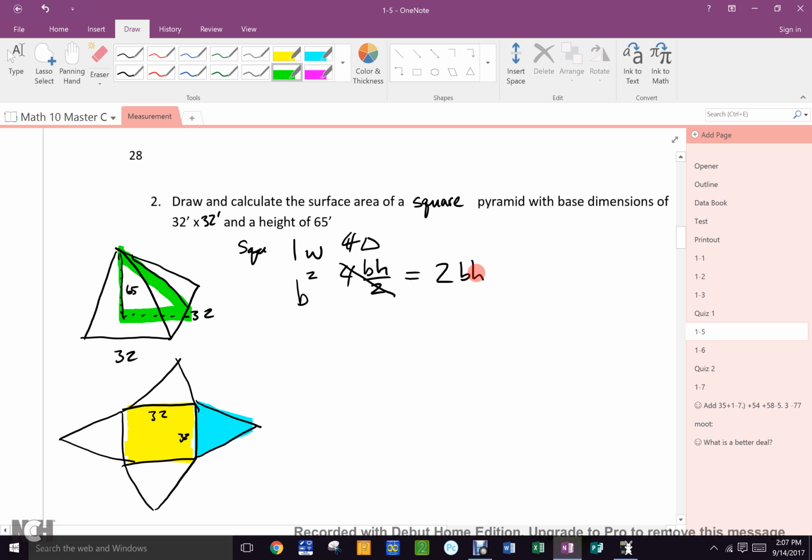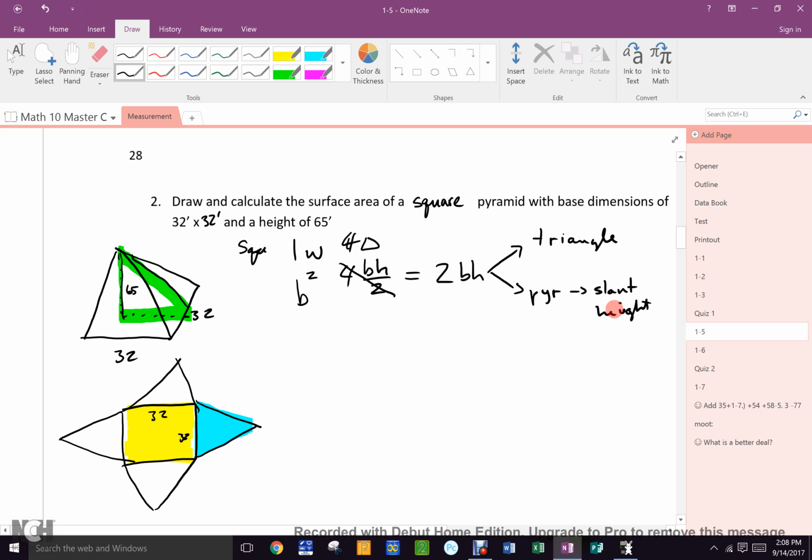So this H from our triangle formula is not the H in our pyramid formula, is it? In a pyramid, as Sam said, it's the slant height that I need. Picking up what I'm putting down?